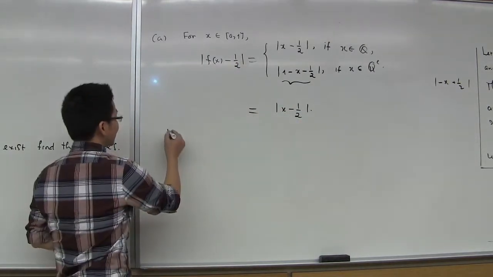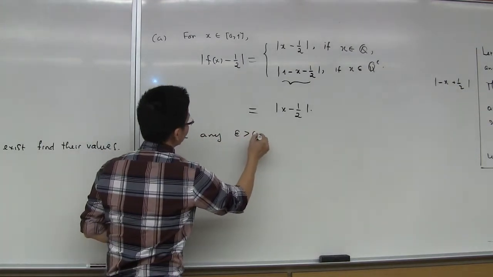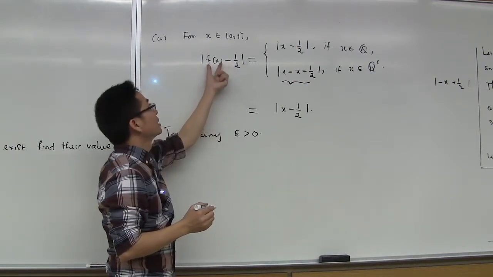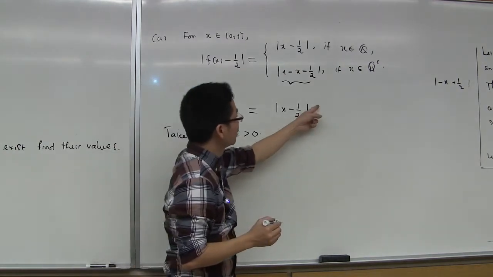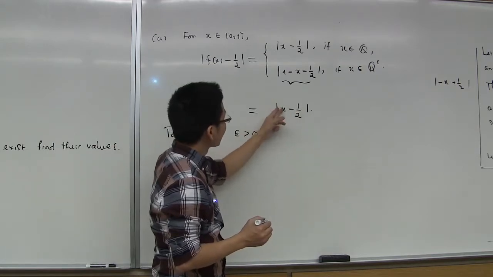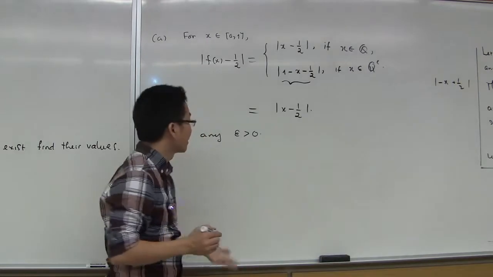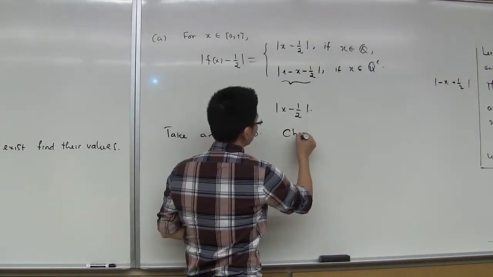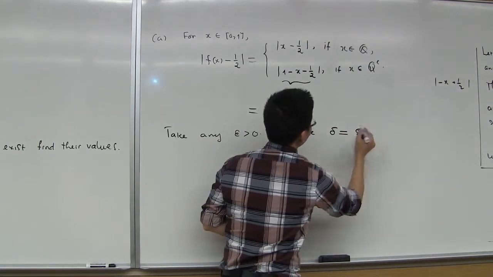Now, take any epsilon greater than 0. In order that the absolute value of f(x) minus 1/2 is less than epsilon, we only need to choose delta such that the absolute value of x minus 1/2 is less than epsilon as well. So in this situation, we choose delta equals epsilon.